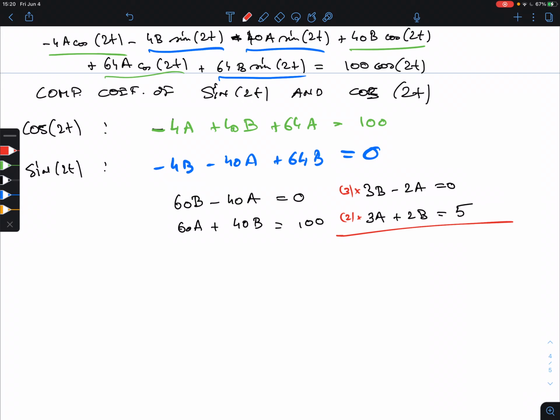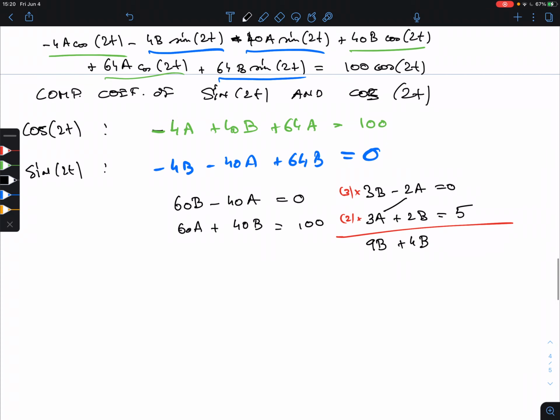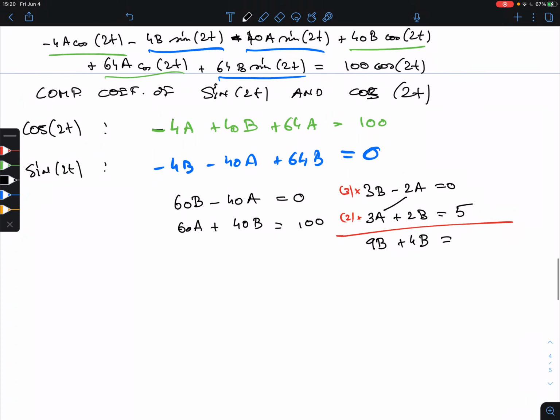So that means, I should have aligned them, but these two add up, that is minus 6a plus 6a, that cancels out, so we get 9b plus 4b, no, what, 9b plus 4b equals 5, wait.